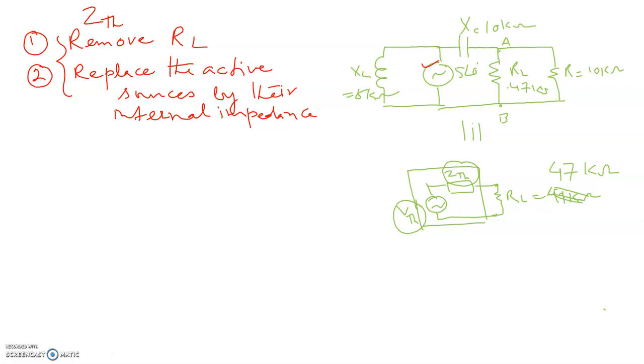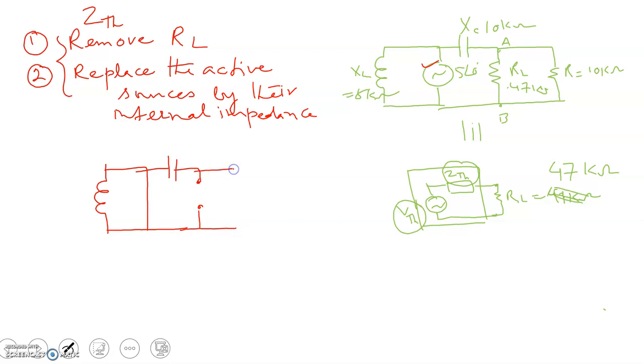So let me redraw the circuit. Now the circuit is like this. This has been shorted here, and this is a capacitor, and this is open circuited.